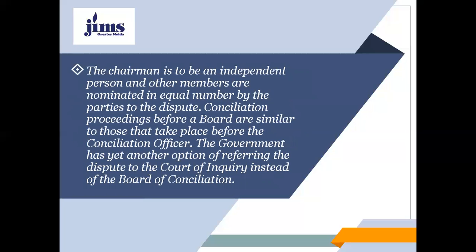The chairman of the Board of Conciliation is to be an independent person, and the other members are nominated in equal number by the parties to the dispute. Means we try to go for a balance of equal representation from the workman side as well as from the employer side.